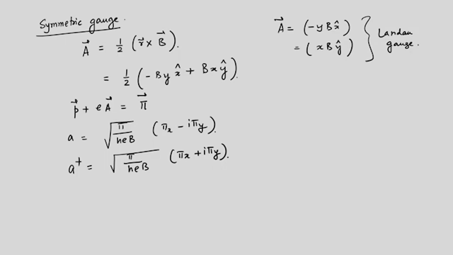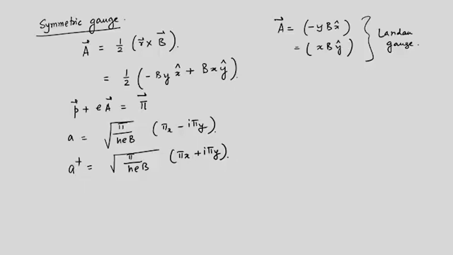In order to do that, we have written down some annihilation and creation operators in terms of these non-canonical but gauge invariant momenta, which are the components pi x and pi y. Okay. This is of course the commutation relation of a and a dagger. You can easily find it out.